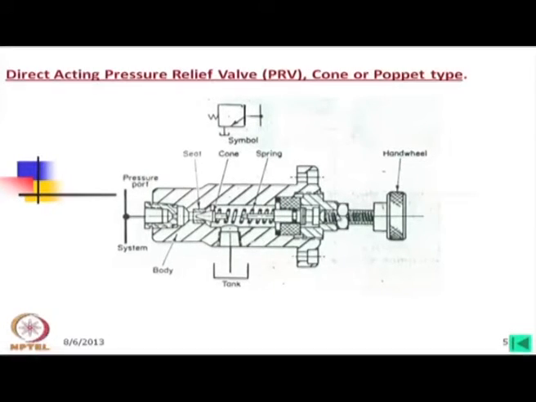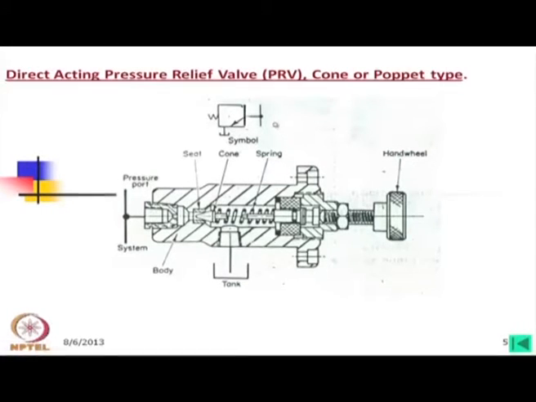However, for a very simple system, we still use the direct acting valve, but we should always remember there is a rare case when we reach the set pressure. Usually working pressure will be below that.